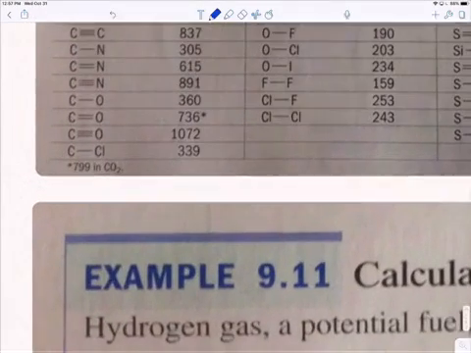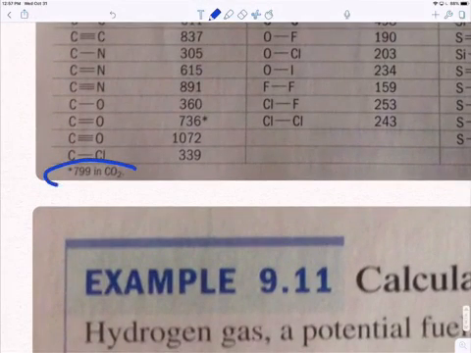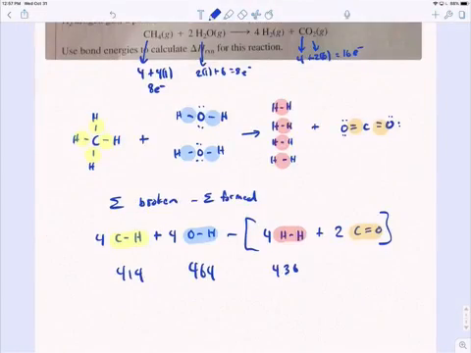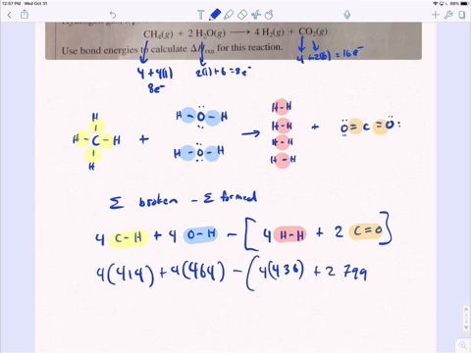If you see here, it's telling us 799 in CO2. I'll probably just go ahead and use the 799. Why not? So we have 4 times this plus 4 times this minus 4 times this plus 2 times that.